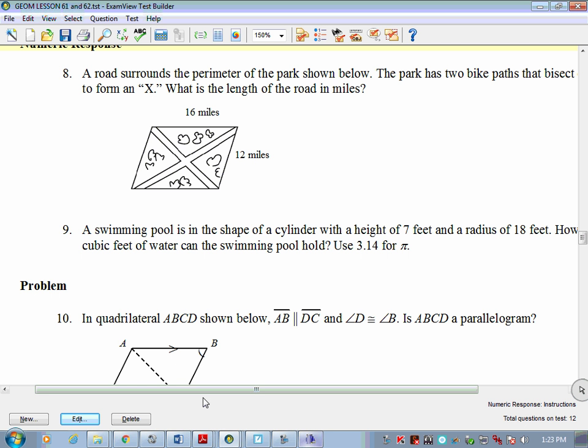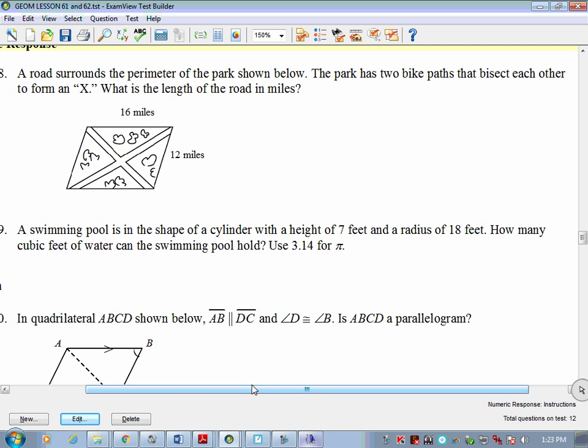All right, here we're going to come back to our parallelograms. Number 8, a road surrounds the perimeter of the park shown below. The park has 2 bike paths that bisect each other to form an X. What is the length of the road in miles?